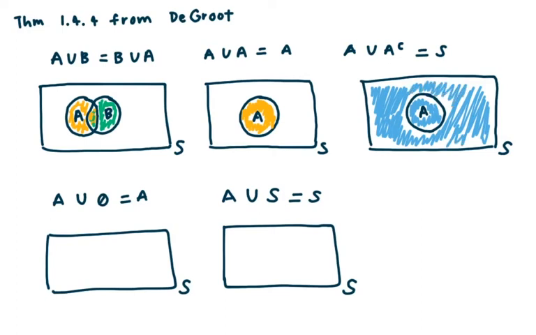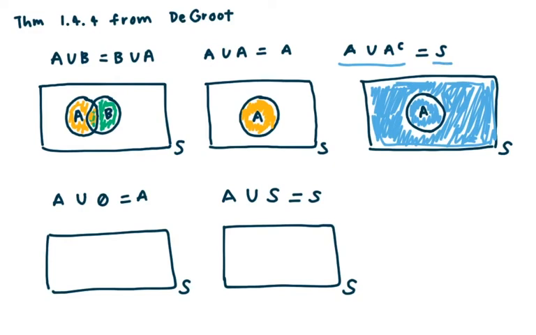Or it could be both A and A complement, which means that our circle and the box is shaded in, which means that we're taking up the whole entire sample space, which is why, for this scenario, we equal the sample space S.